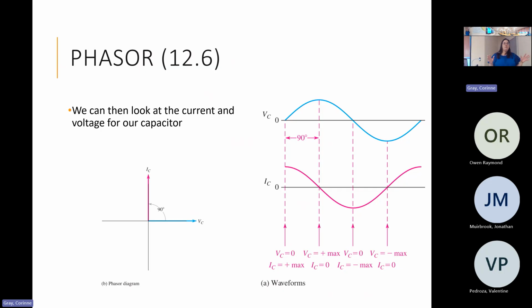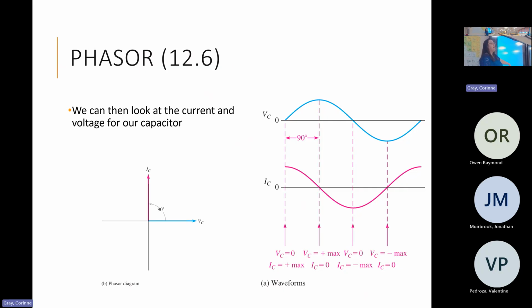This isn't at a specific time, because we don't have maximum voltage at the situation for maximum current. So what this phasor diagram is saying is that we get maximum voltage and maximum current at different times, which agrees with what we're seeing in our diagrams. And they are 90 degrees apart from each other.